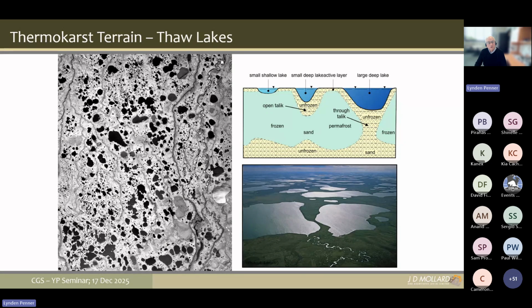So you have unfrozen ground below the thaw lake, and then frozen ground below that, down to the permafrost base. In some cases, on the larger, deeper lakes, that unfrozen zone may extend continuously down with depth, and there's no frozen ground remaining. So you have a through-going talik versus an open talik.